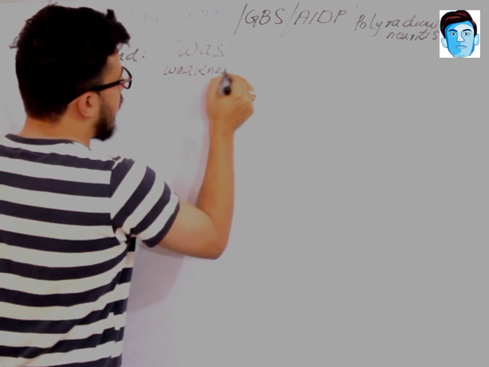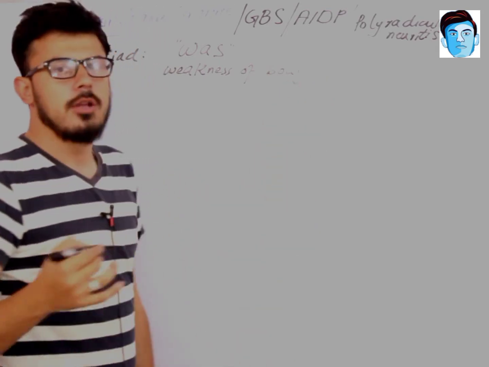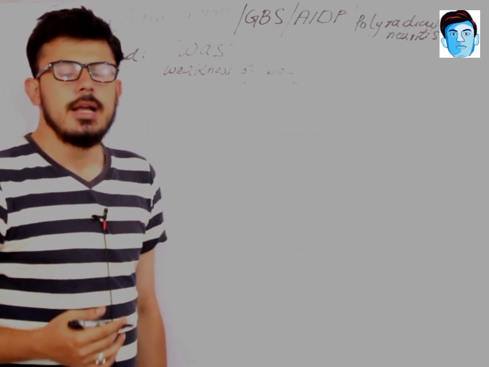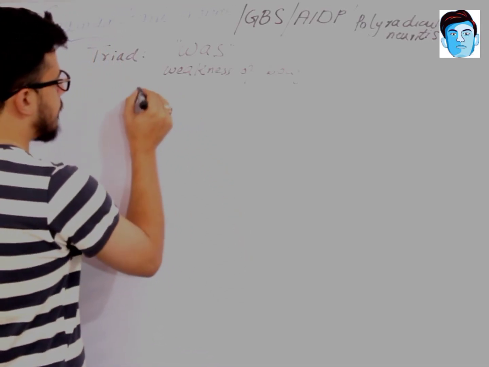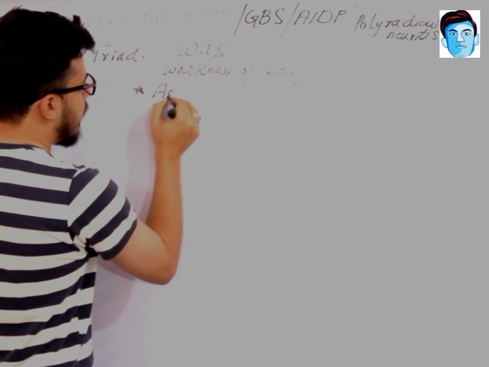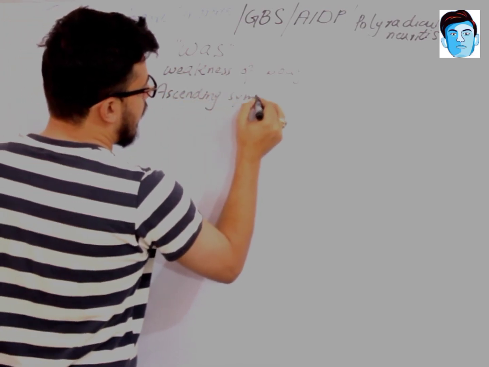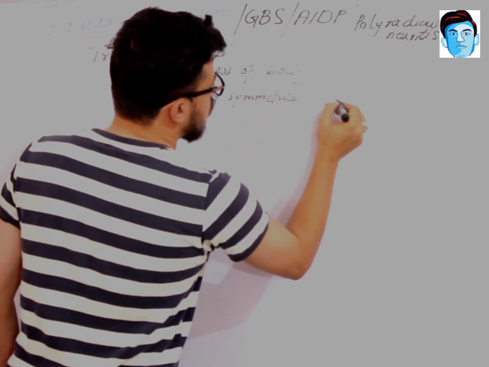Now, the most diagnostic feature and the most defining sign of GBS is that ascending symmetrical paralysis occurs. So what does it mean?